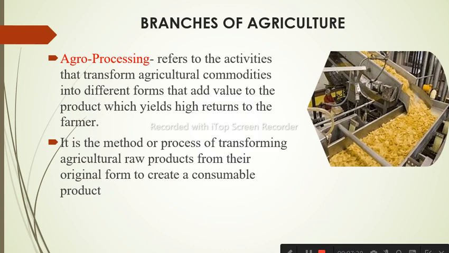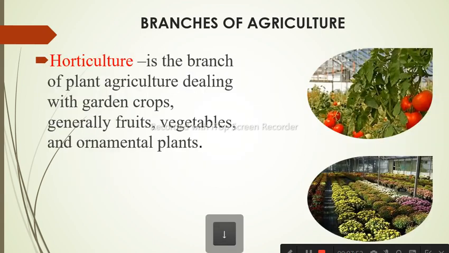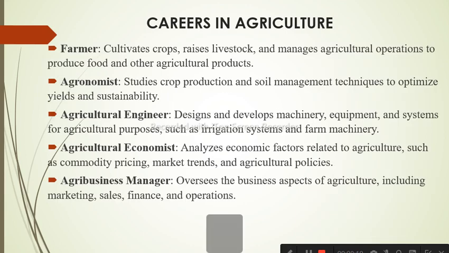So it is a method or process of transforming agricultural raw products from their original form to create a consumable product. Horticulture is a branch of plant agriculture dealing with garden crops, generally fruits, vegetables, and ornamental plants. So don't mix up agronomy now with horticulture.